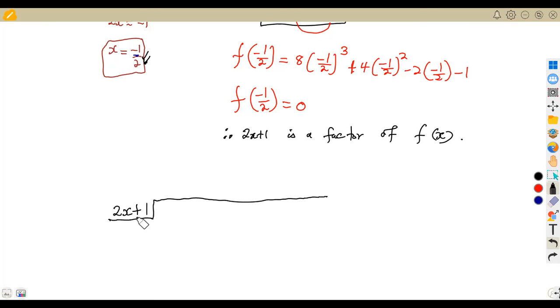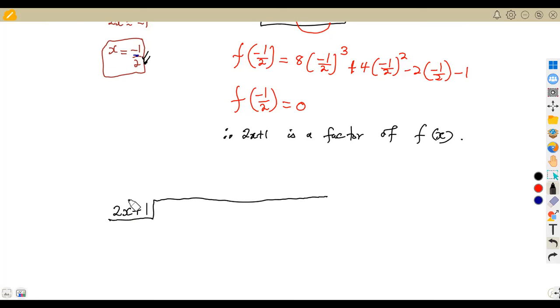Exactly, we already proved that it's a factor. So there's no need to look for factors; we can use that factor.